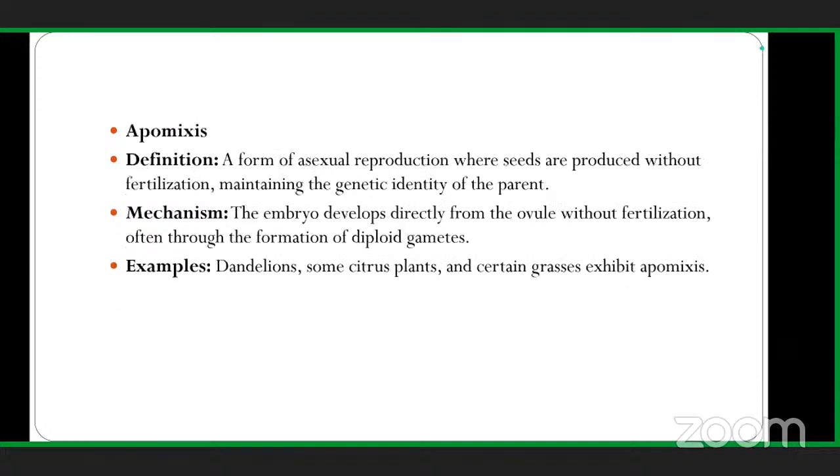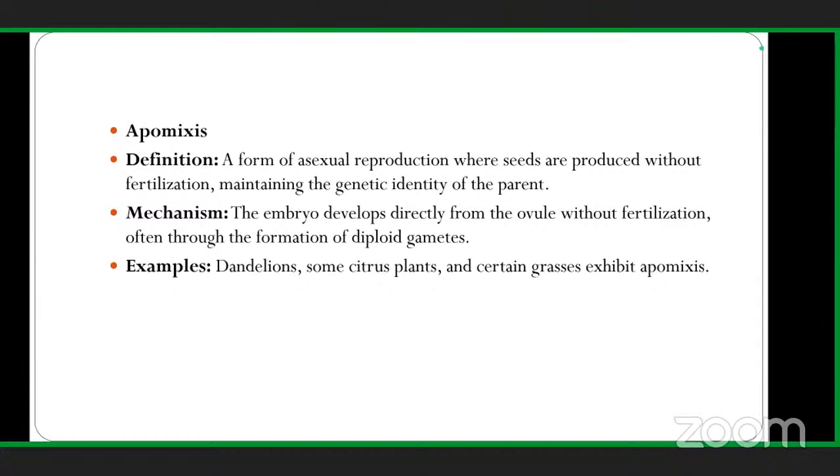Now, a very important term: apomixis. Questions are asked on this. So what is apomixis? This is a form of asexual reproduction where seeds are produced without fertilization, maintaining the genetic identity of the parent. The mechanism is that the embryo develops directly from the ovule without fertilization, often through the formation of diploid gametes.